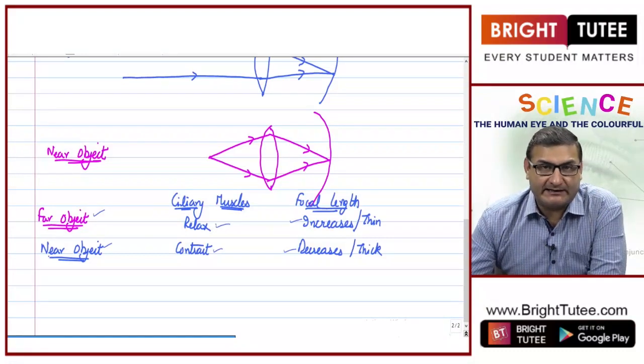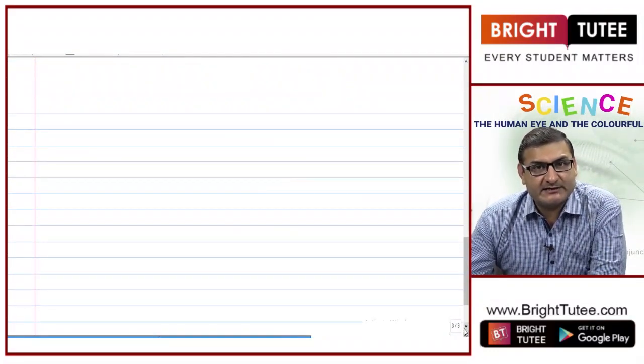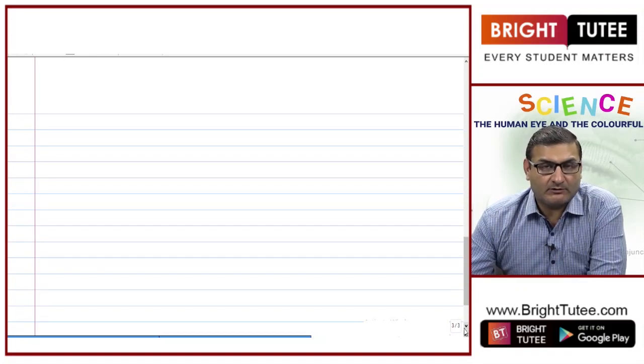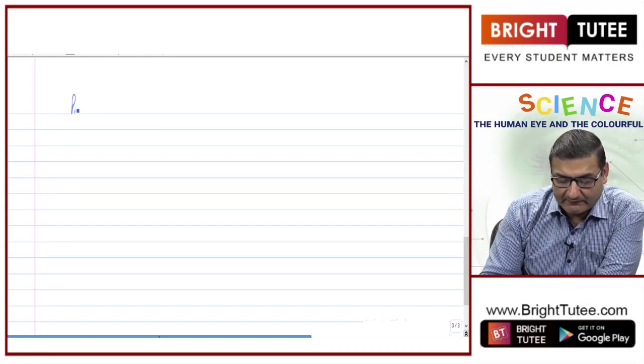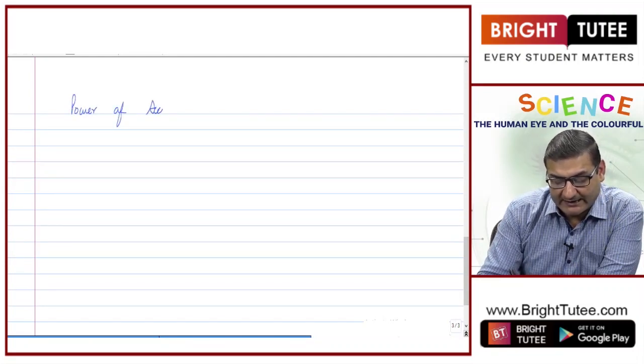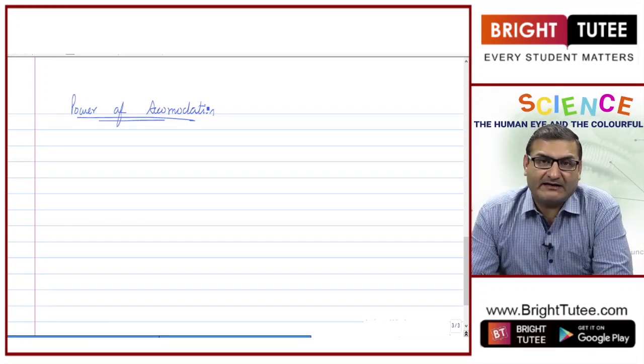This ability of our eye lens to change its focal length in order to see the nearby and the far off objects is known as the power of accommodation of the eye lens.